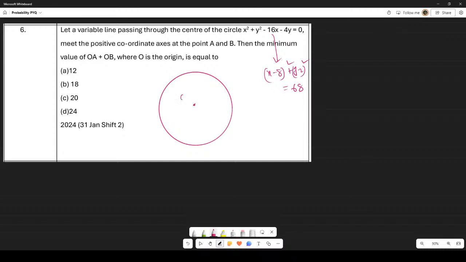Center of the circle is (8, 2). The variable line is passing through its center, (8, 2). The variable line may be in any direction; they said it's a variable line. So let us take this one. This variable line passes through the center.